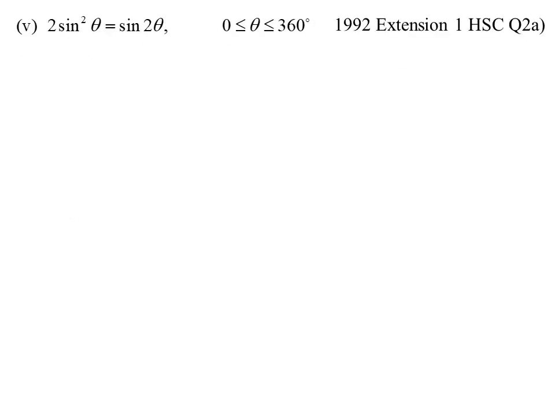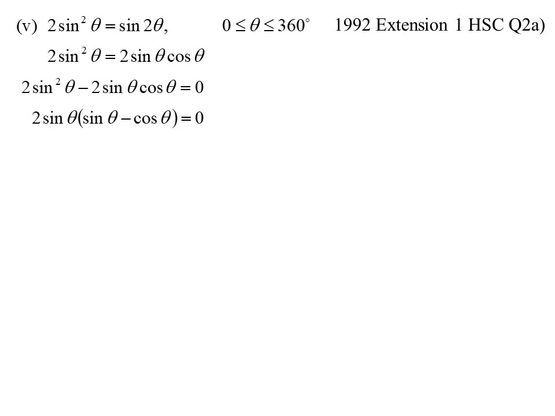Even older, 1992, goodness me. 2 sine squared is sine 2 theta. I guess I'm going to change that 2 theta. It does give me both sines and coses, however. But that's okay in this case, because if I pull everything to one side, I can factorise. Now, one of the factors is just sine theta, but the other one, sine theta equals cos theta, I can handle by now changing, well, let's do the left-hand side first. So on the left-hand side, a boundary value.